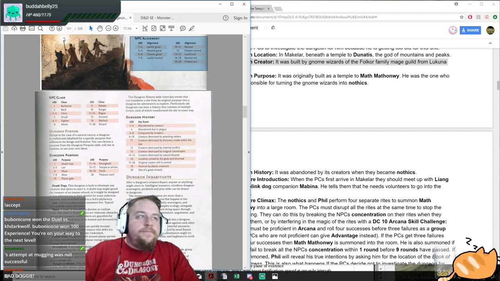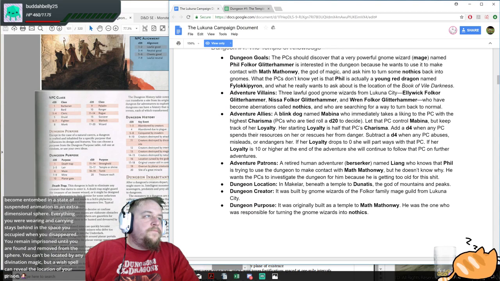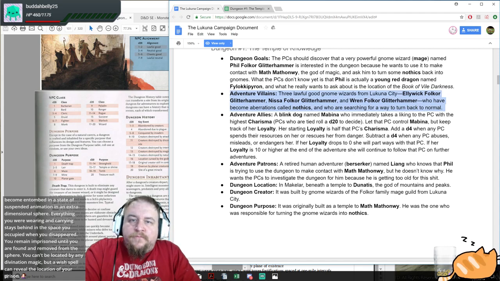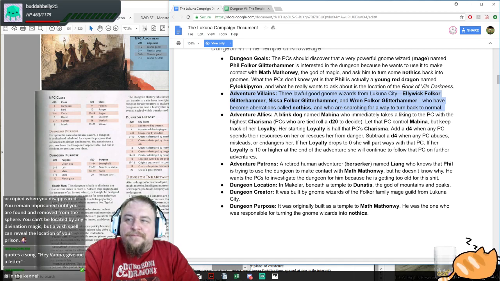And they are the adventure villain, the aberrations. However, I decided then that it would be kind of silly if they were humans because there's a lot of gnome stuff going on, so I made them gnomes. So that's how we got the adventure villains, the 3 lawful good gnome wizards.